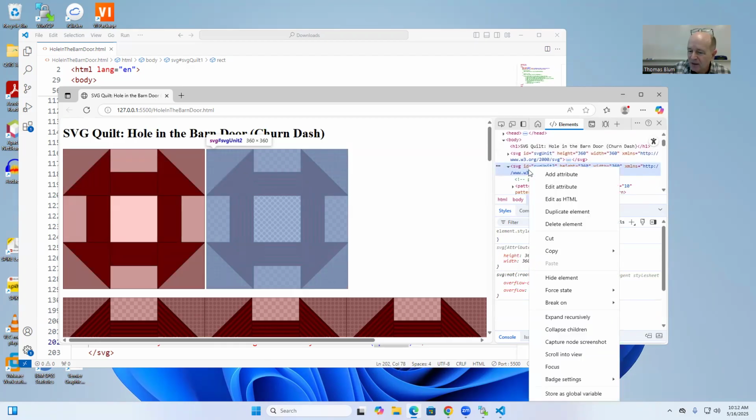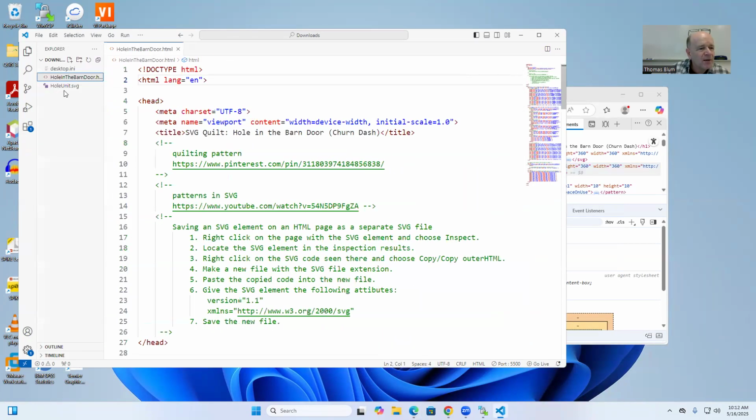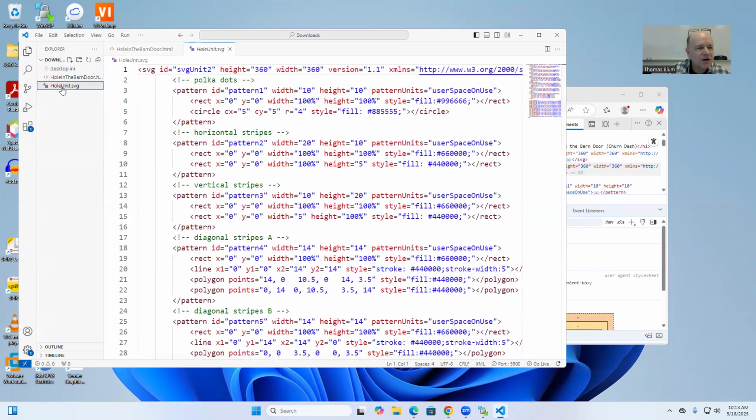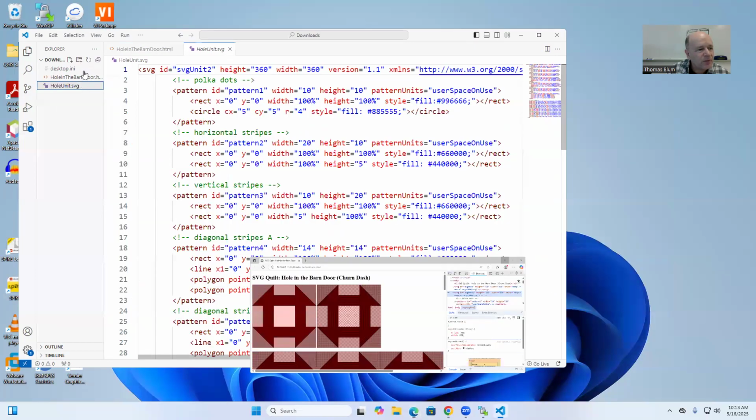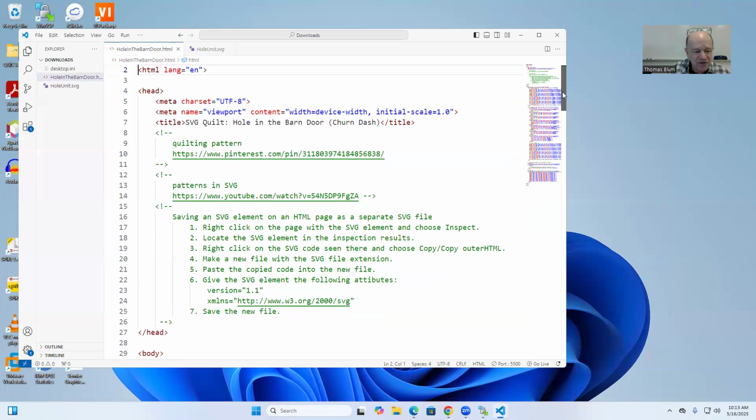Then you can copy, and under a lot of things in the copy menu, you want copy outer HTML, and then paste it into a text file and save that file as an SVG and change two attributes. I went through that, and those directions are here. So I made an SVG, which is just that one unit, this unit.